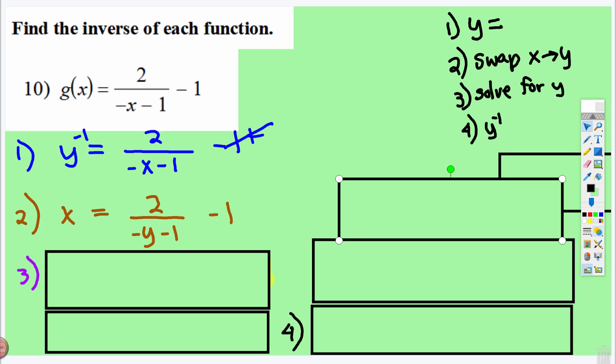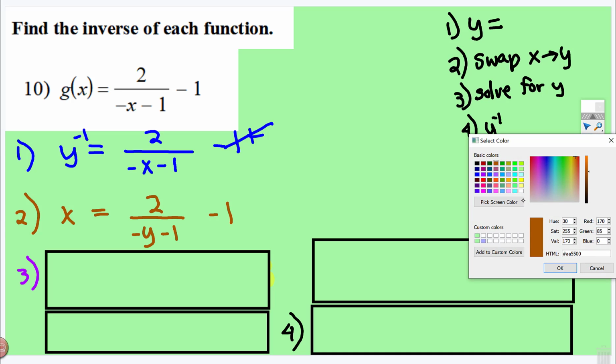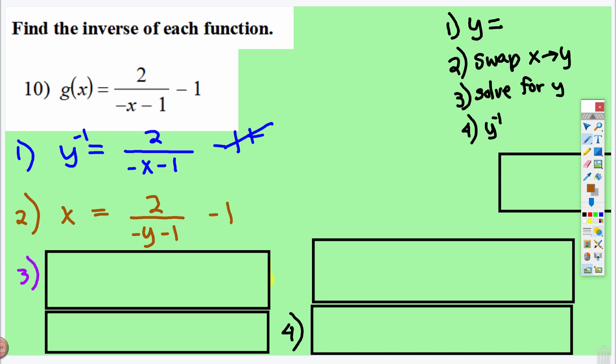So we're going to add 1. That cancels. And then now we have a fraction. So I'm going to write that over 1.